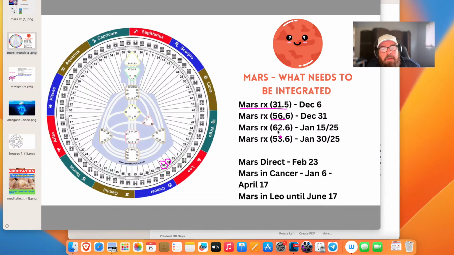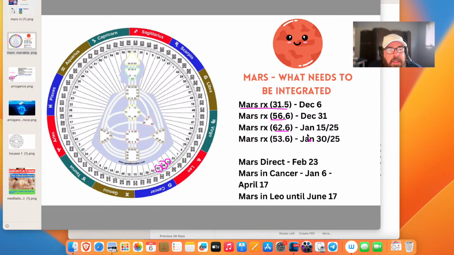Because it's going retrograde. So 62. And then it's in Cancer then. So January 6th, officially, it's in the zodiac sign of Cancer. So December 6th to January 5th, it's in Leo. And then from January 6th onward, it's in Cancer. And then when it goes direct, it moves back into Leo. So take note of these dates.